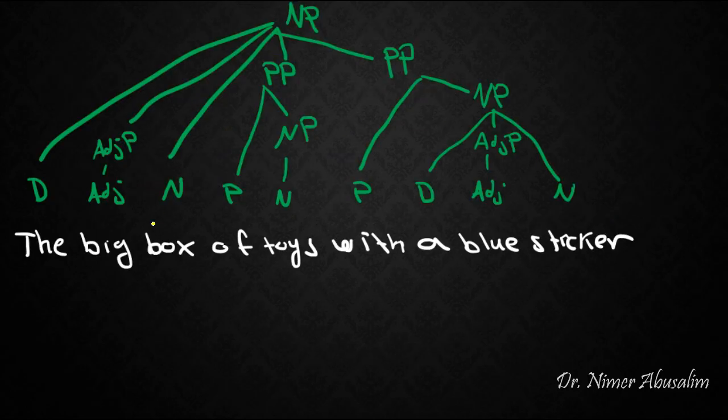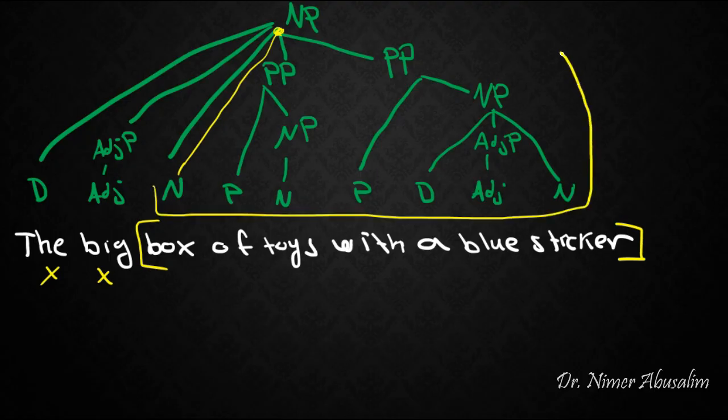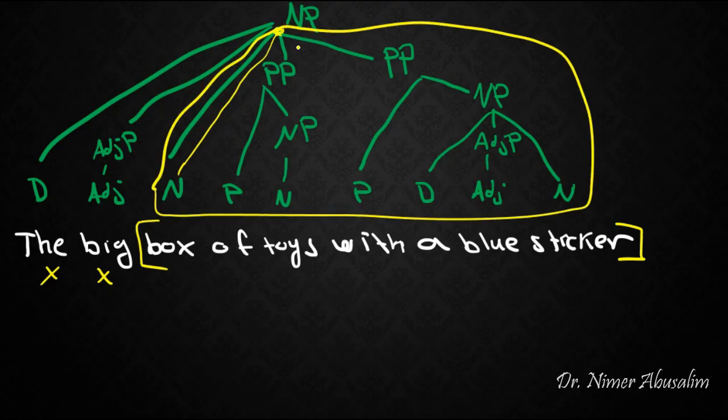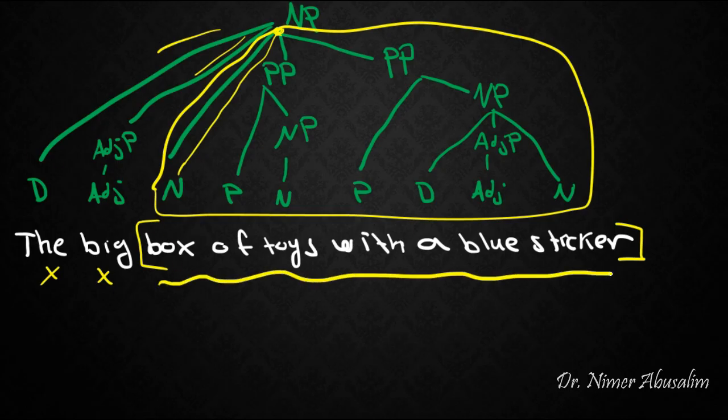Does our tree here show us that box of toys with a blue sticker forms a constituent apart from big and the? Actually no. If we go up to the noun here and trace it, it stops right here. If we are going to take everything else, we're going to need to draw a box, let's say like this. But how can you take only this part and leave these two? Our tree, as you can see, does not show that box of toys with a blue sticker forms a constituent without big and the.